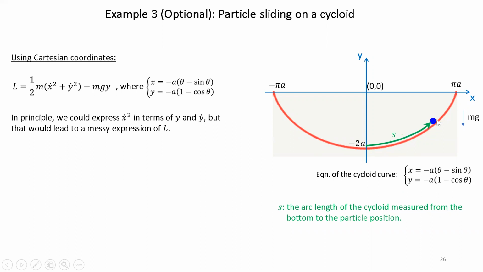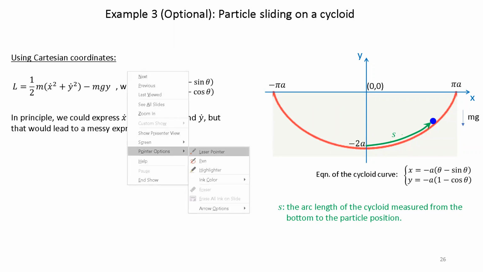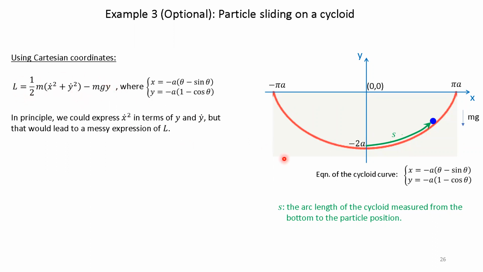So this is the generalized coordinate that I want to use. I need to convert this Lagrangian to be in terms of S and S dot. So let's see how it's done.